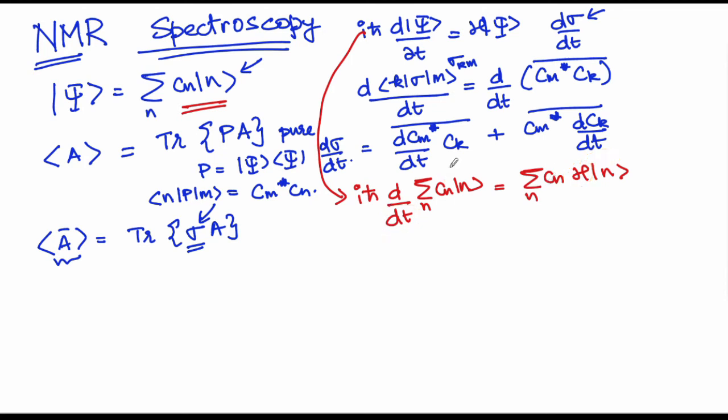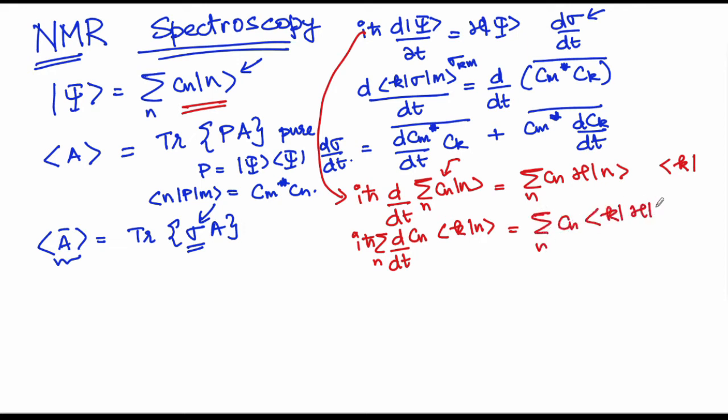So in order to determine the time differential of this given coefficient, why don't we pre-multiply it with the bra of k and integrate it over space in order to find the coefficient. So therefore the LHS becomes summation c_n over n, bra k ket n, equal to summation over n c_n, bra k Hamiltonian ket n.